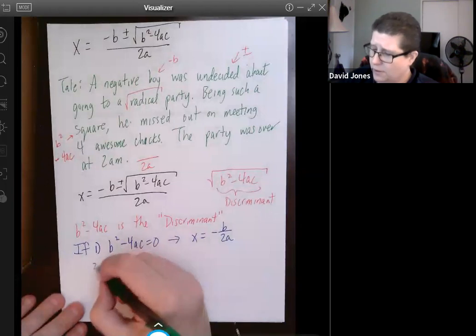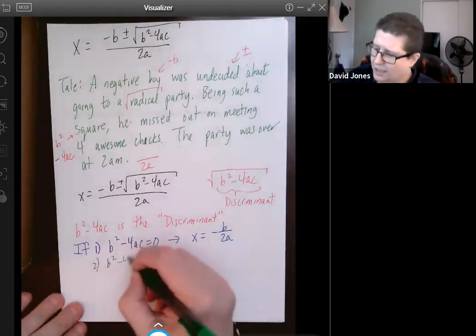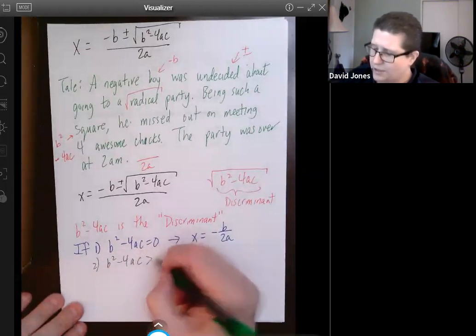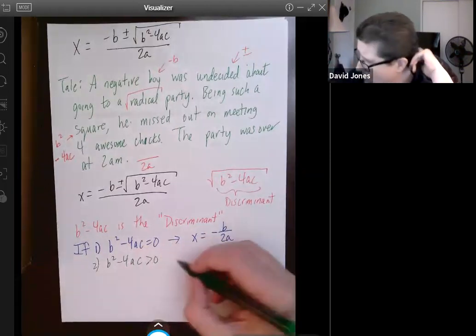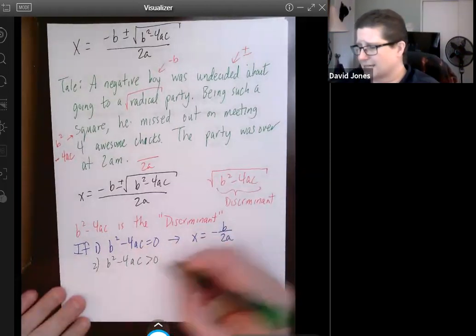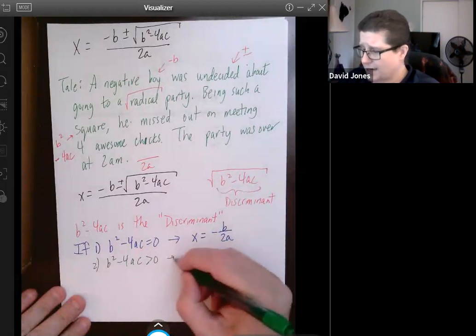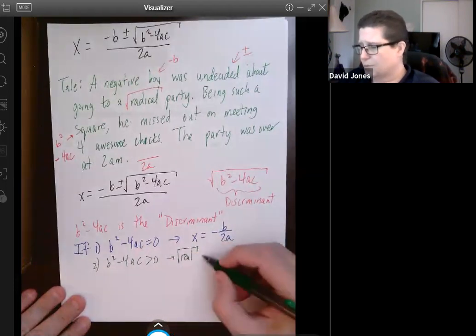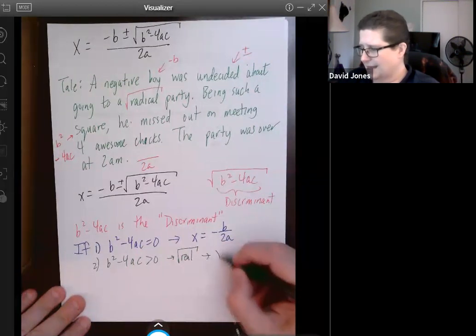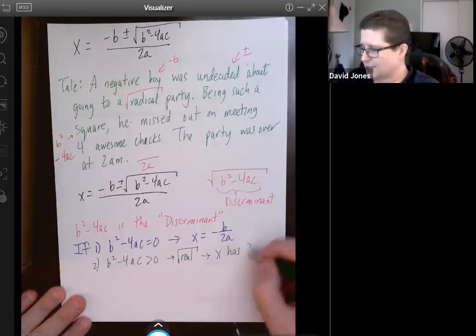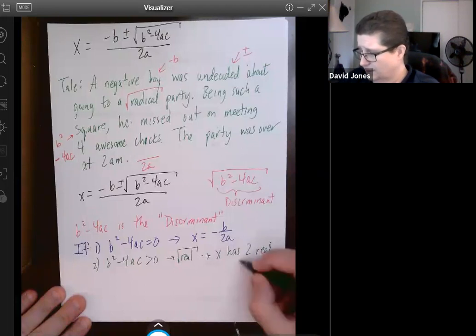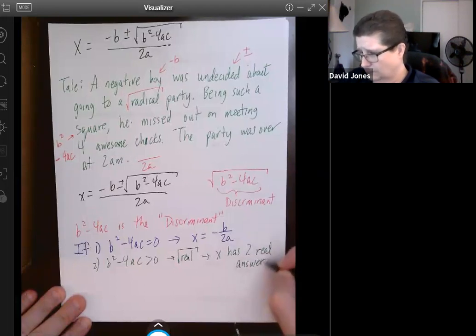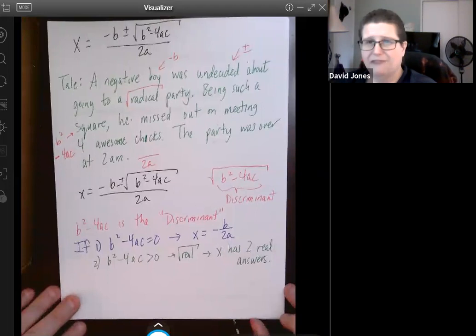Option 2, if b squared minus 4ac is greater than 0, then this is a positive number, and we're taking the square root of a real, positive number, which means x has 2 real answers. They may not be friendly.